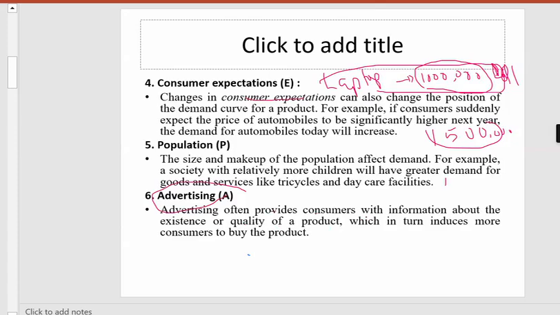Advertisement often provides consumers with information about the existence or quality of the product, right? If you are having enough information about the quality of that product, you are attracting more customers to purchase that product. So kwa maana hiyo, it's not only price that can affect demand. There are so many factors.